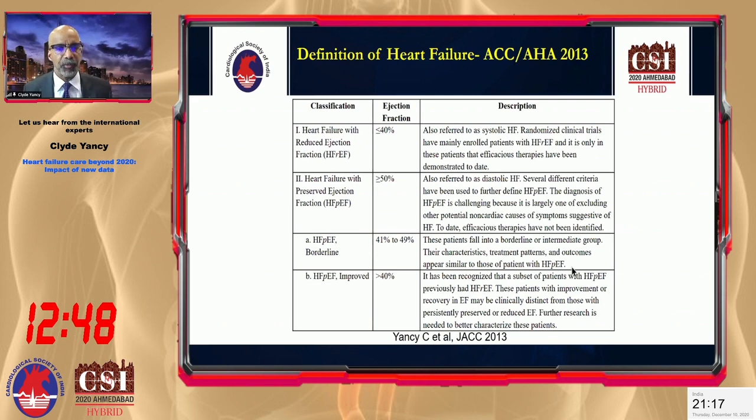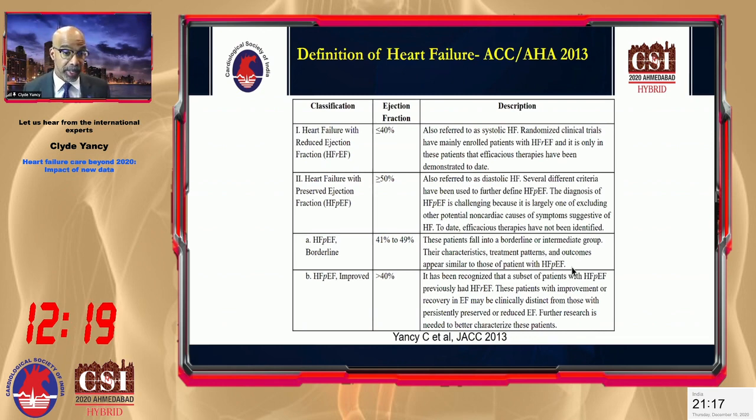What is heart failure? The definitions were nicely articulated in the American College of Cardiology, American Heart Association Clinical Practice Guidelines published in 2013, which I had the privilege to chair. We identified the different phenotypes, reduced ejection fraction, preserved ejection fraction, but we had the presence of mind to also articulate that there's another category, the ejection fractions between 40 and 50.